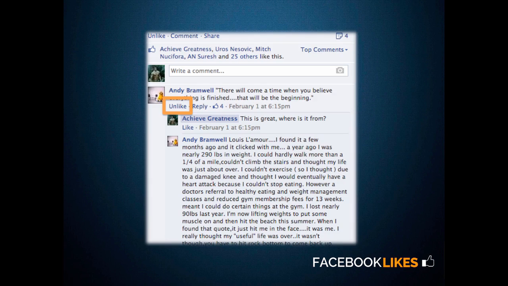So somebody here has posted a quote on my status, Andy Bramwell that is, and I've liked that because it increases the engagement and the activity on my status, which increases my global interactions, and therefore my status is shown to more people because Facebook sees it as more valuable because they have seen high interaction on the status.